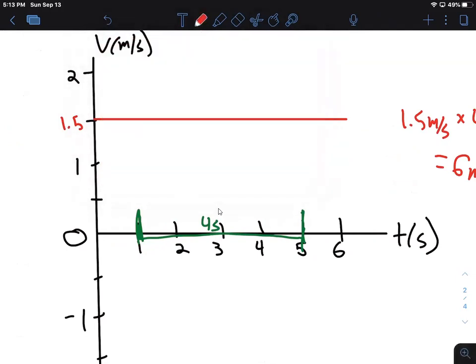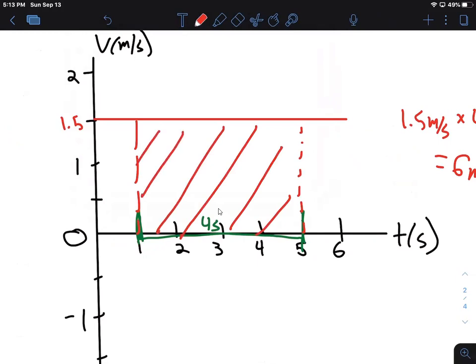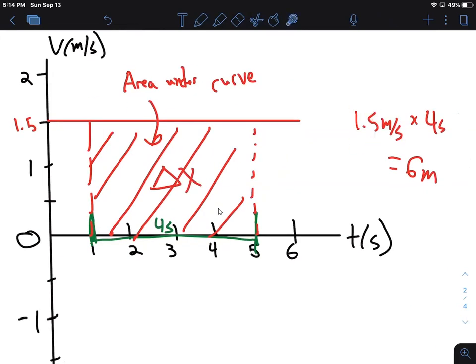So this is how we can graphically represent displacement on a velocity versus time graph as an area. This is called the area under the curve. And that is going to be the change in position. So when I do 1.5 times 4, I'm doing the area of a rectangle, base times height.